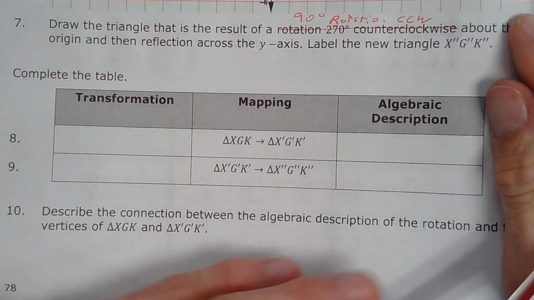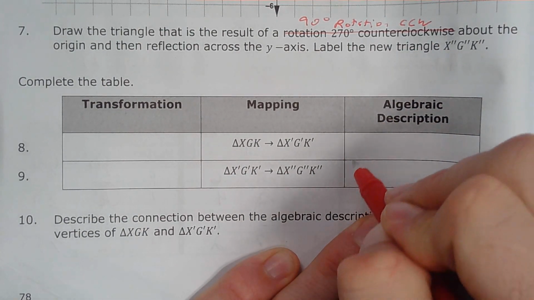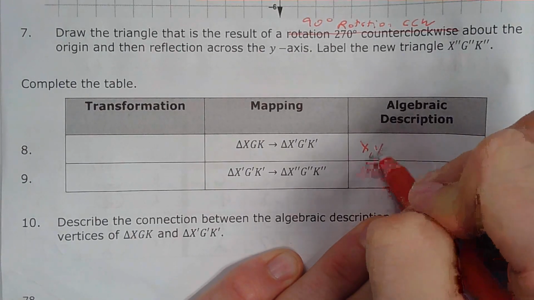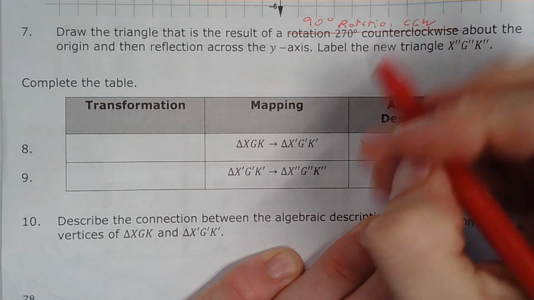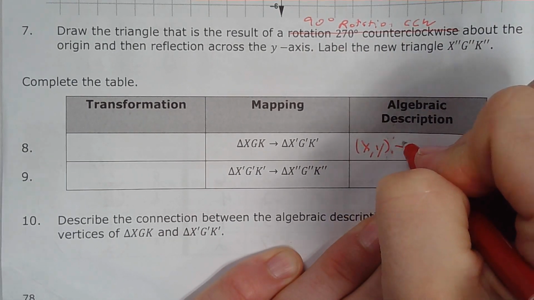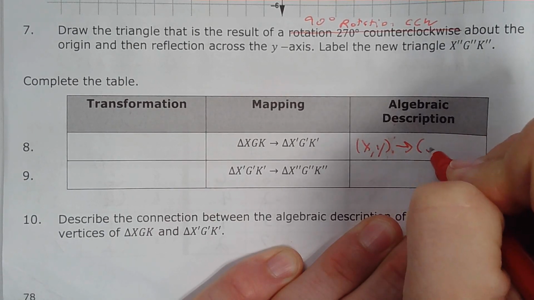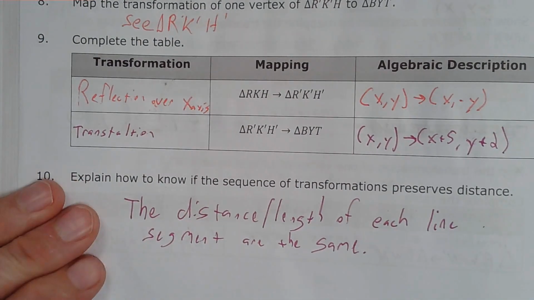Remember that. So the algebraic description of that would be, let's use red, x comma y yields y comma negative x.